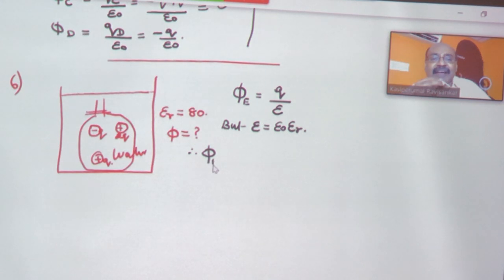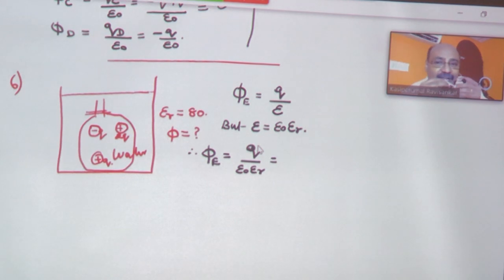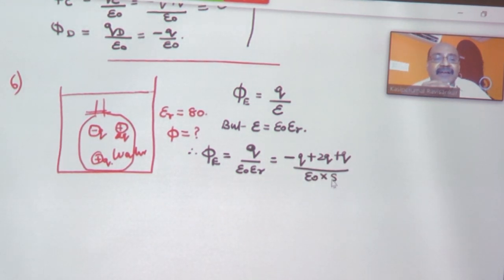Therefore, the flux phi E is equal to Q divided by epsilon 0 into epsilon r. What is the value of Q? Inside the closed surface you have minus Q, plus 2Q, and plus Q, whole divided by epsilon 0 into epsilon r, which is 80.